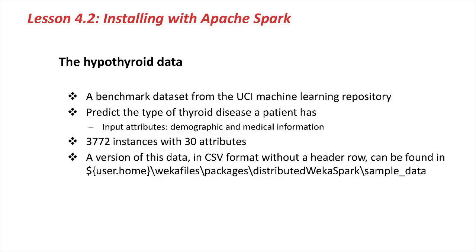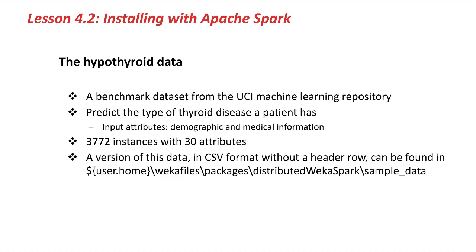Before we start running distributed Weka examples, I need to introduce the dataset that we're going to be looking at. We're going to take a look at the hypothyroid data. This is a benchmark dataset from the UCI machine learning repository. The goal in this data is to predict the type of thyroid disease a patient has, using input variables such as demographic information about the patient and various medical information as well.